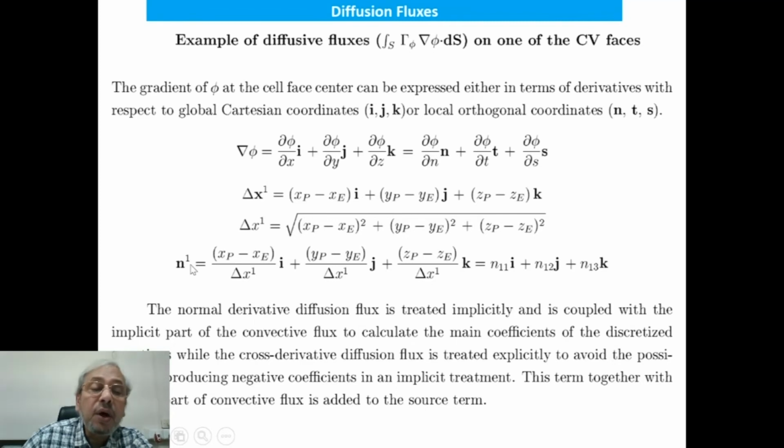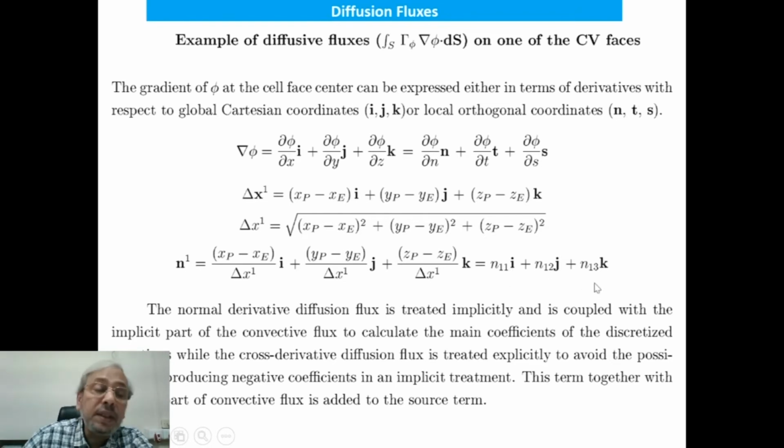And the unit normal vector can be given as (xp minus xe) divided by del x1 into i, (yp minus ye) divided by del x1 into j, (zp minus ze) divided by del x1 into k, which can also be called n11 i, n12 j, n13 k. So the unit normal vector, in the previous slide, if you recall, we represented by n11, n12, n13.